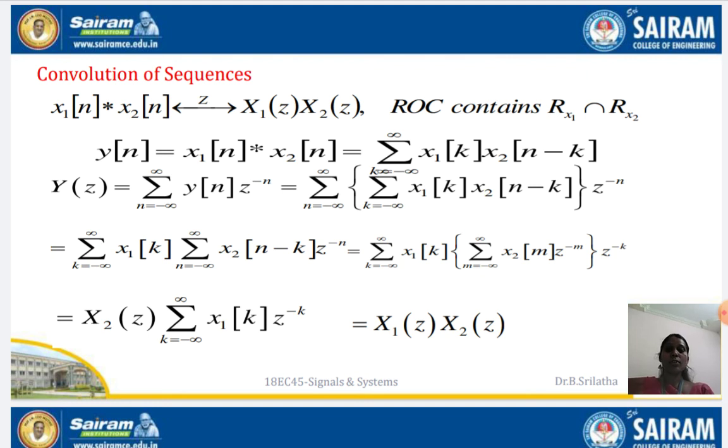So the multiplication of x1 of z into x2 of z is our statement. Correct. The z transform of the convolution of two sequences is the multiplication of their z transforms, that is x1 of z into x2 of z. We proved it. Understood? The remaining properties we'll see next class.